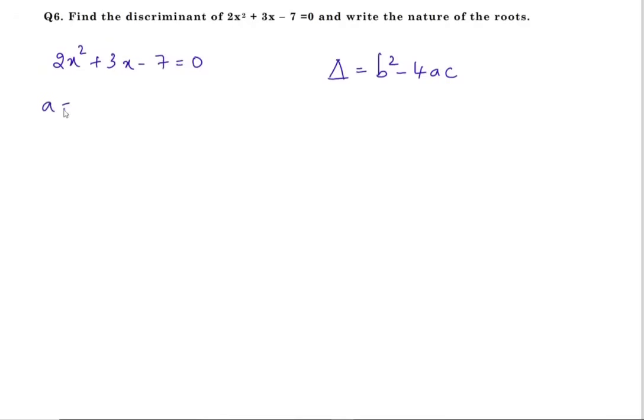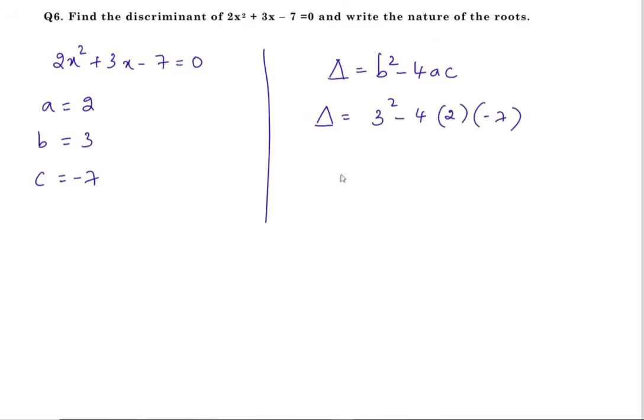What is the value of a, b and c? Tell me what is the value of a? It is 2. What is the value of b? It is 3. Value of c is minus 7. Okay. Now delta equals, substitute the values of a, b, c in this formula. That is b square is 3 square minus 4 times a is 2, c is minus 7.